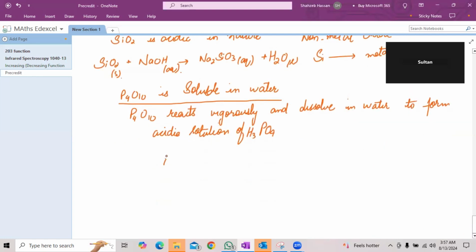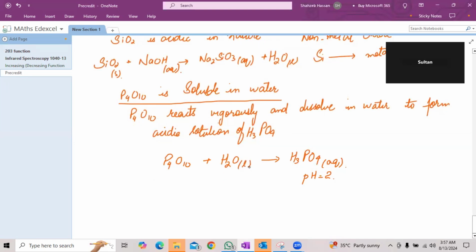So P4O10 reacts with water and produces H3PO4. Is that clear? This is the acid that they form in aqueous form, a strong acid, phosphoric acid, with a pH of 2.